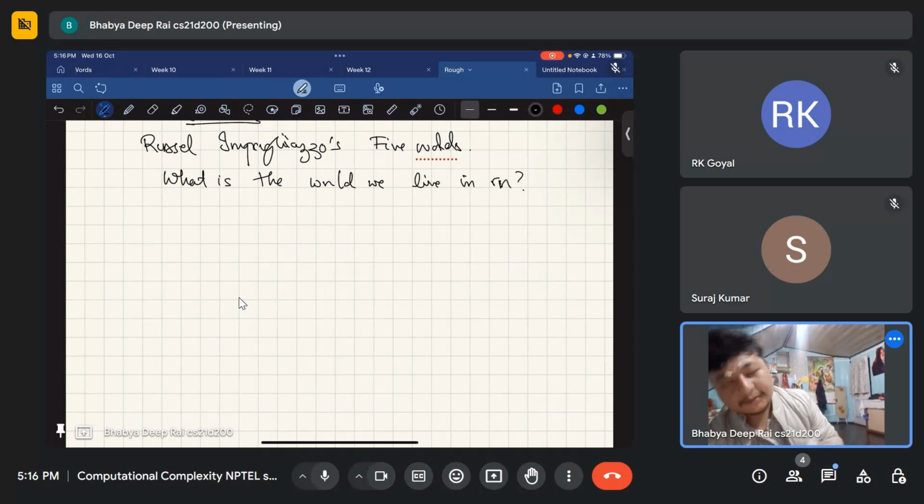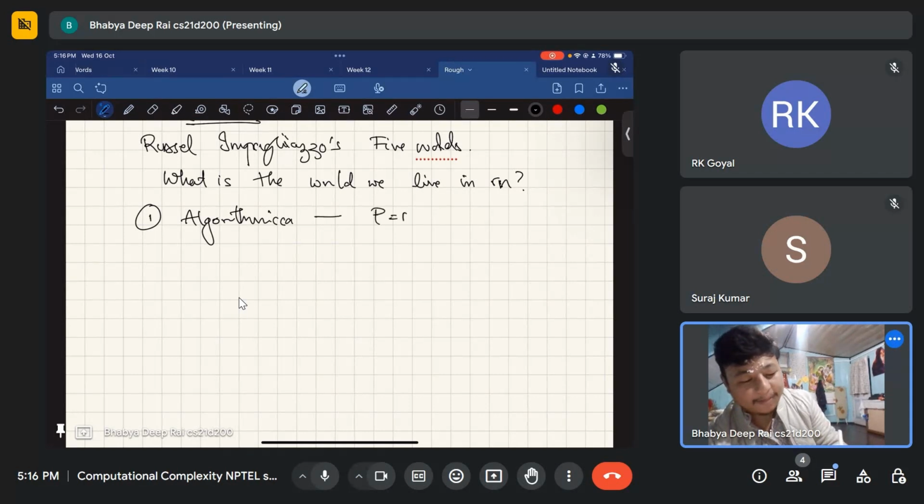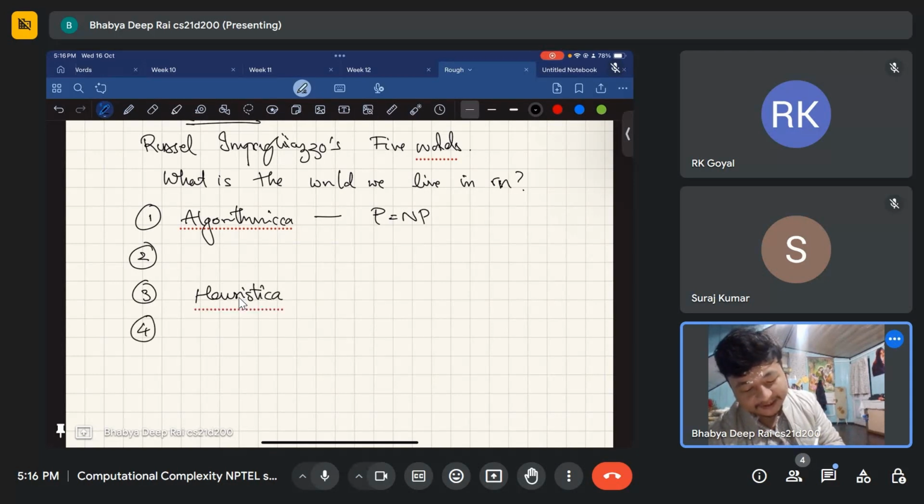Is it what is called Algorithmica, which is P equals NP? There is something called Heuristica, Minicrypt, Cryptomania.